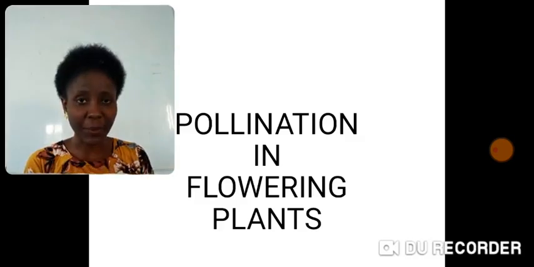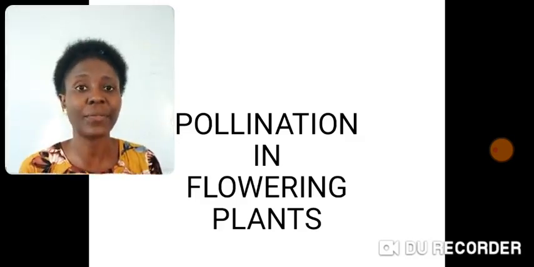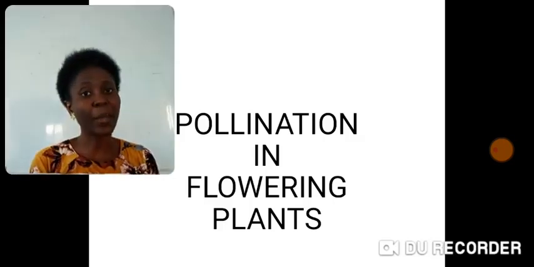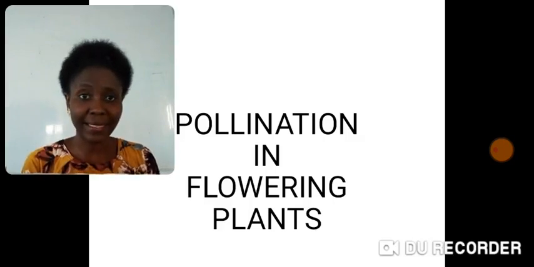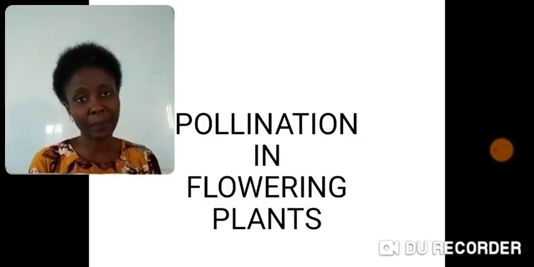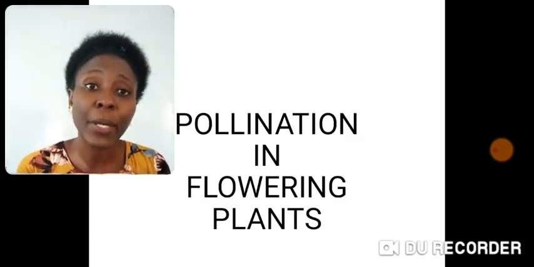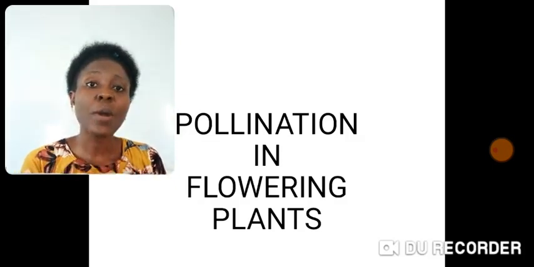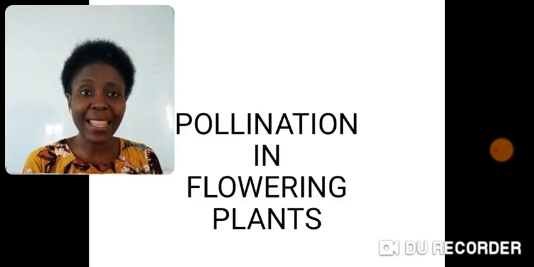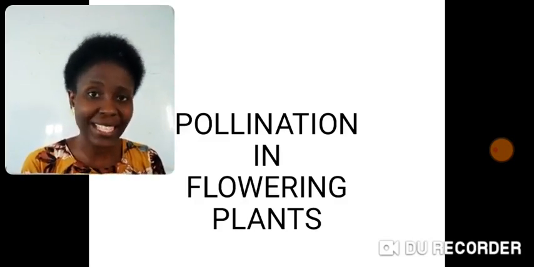Now that you know the types, what do they mean? How will you be able to define each of them? That's another objective, that you should be able to define the types of pollination in flowering plants. So when we talk about self-pollination, we mean the transfer of pollen grains from the anther of a flower to the stigma of that same flower.